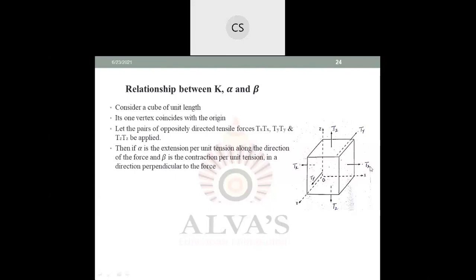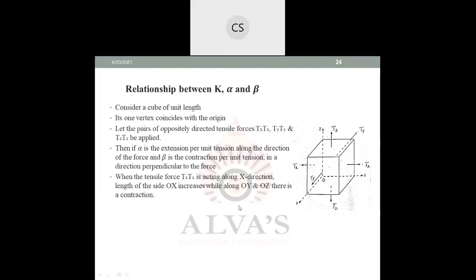That may be the x, y, or z direction. Whatever extension we obtain because of the force in that particular direction, we call it alpha. Similarly, beta is the contraction per unit tension in the direction perpendicular to the force.